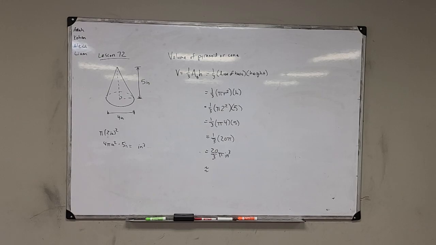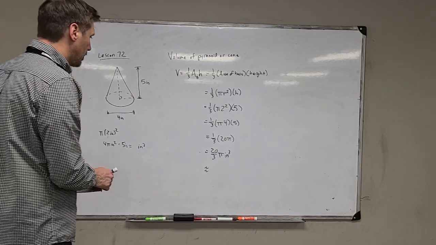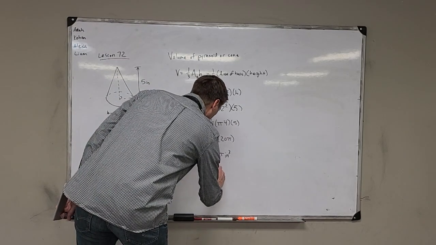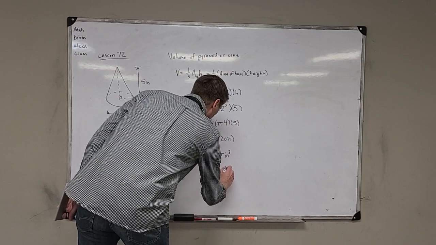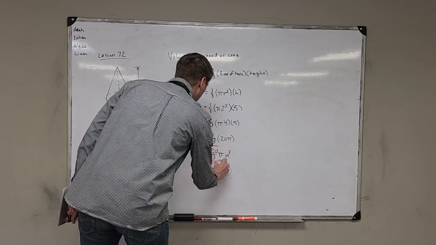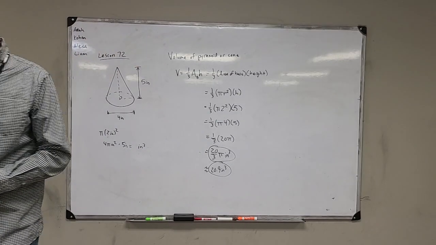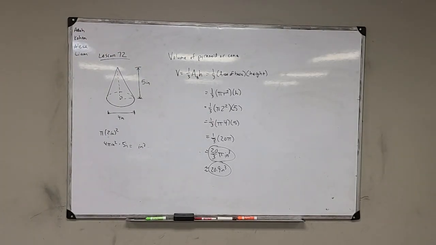So I get a value of 20.9 if I round it to 1 decimal place. So either of these answers would have been correct, and as you're checking it with the back of the book, you may see one or the other. Does that make sense to everybody? See how we did that?